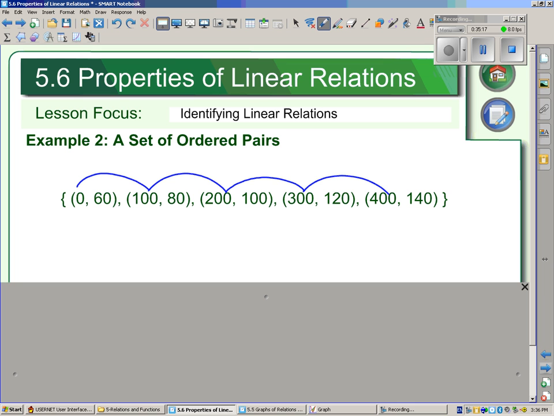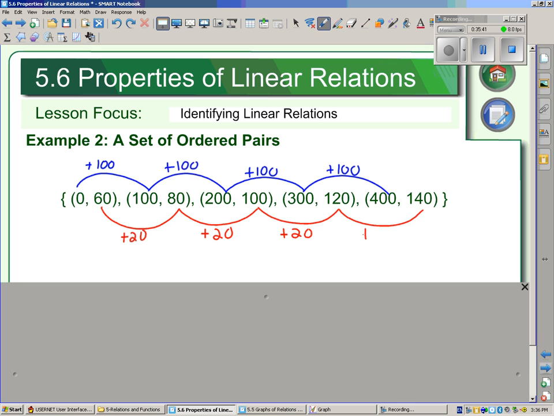So what's going on here? They're going up by 100. Each one's going up by 100. And then we look at the y's. And each of these are going up by 20. So I have a consistent rate of change.